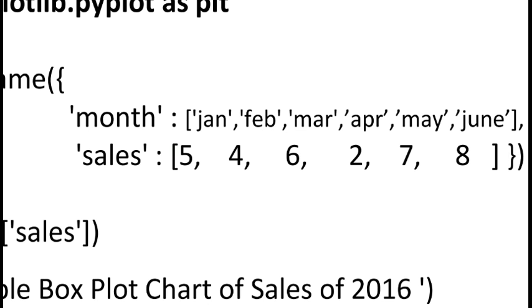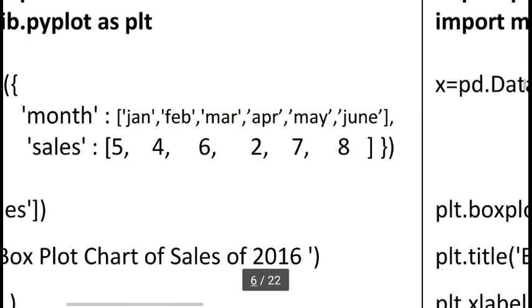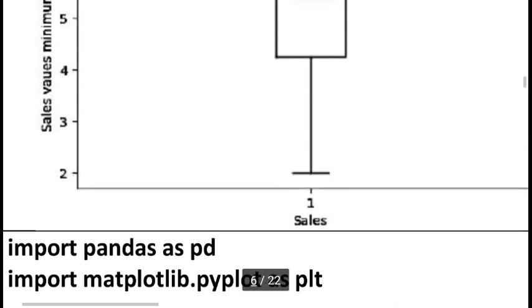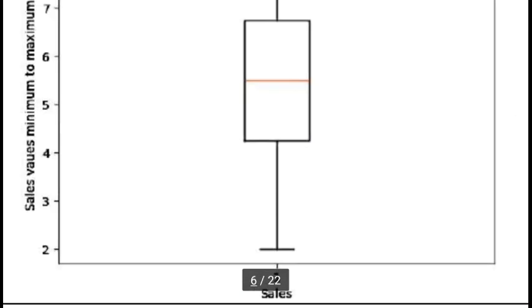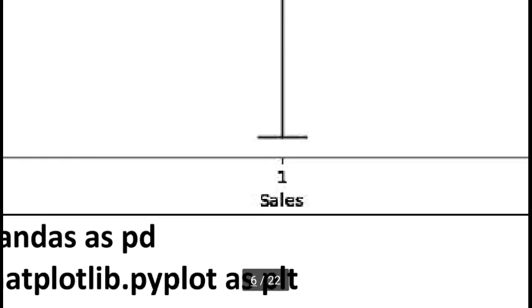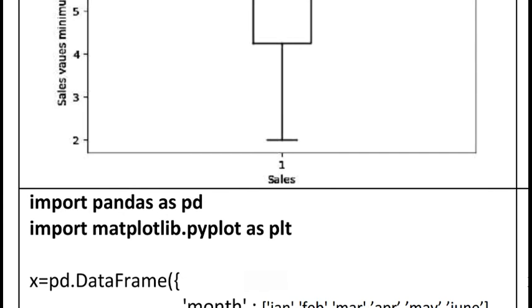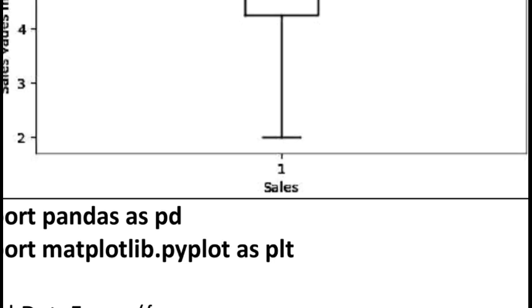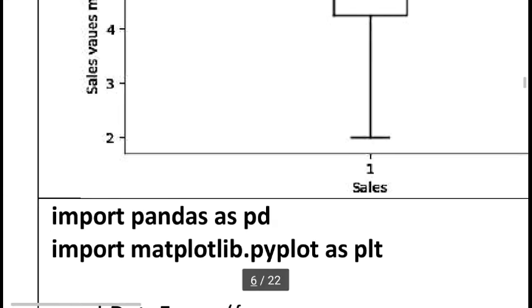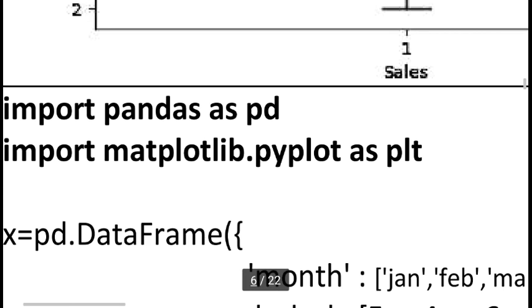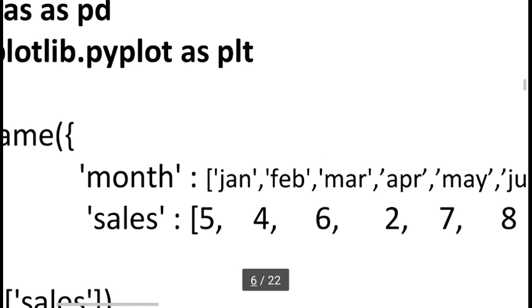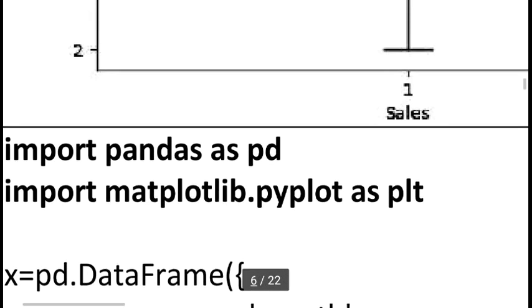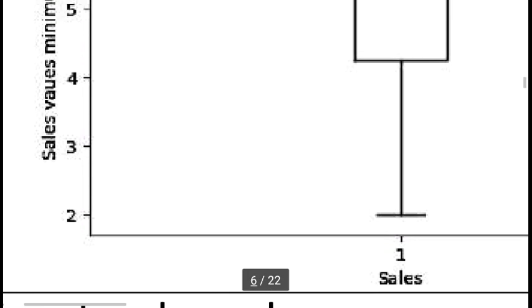Okay, so this is important. You can see in this chart, this small horizontal line shows the minimum value 2, because the minimum value in this chart is 2. Then we move on.